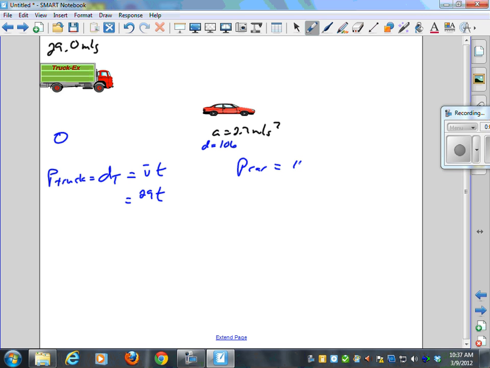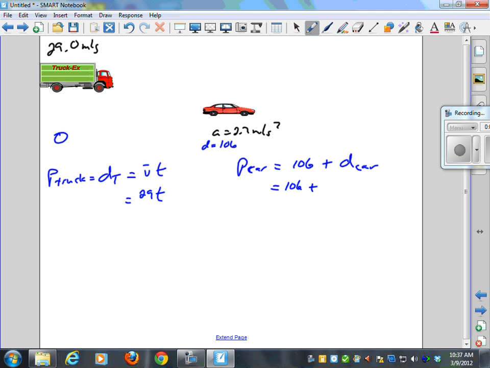Now the position of the car is going to be equal to 106 plus the displacement of the car, d car. So that's going to be 106 plus the displacement.